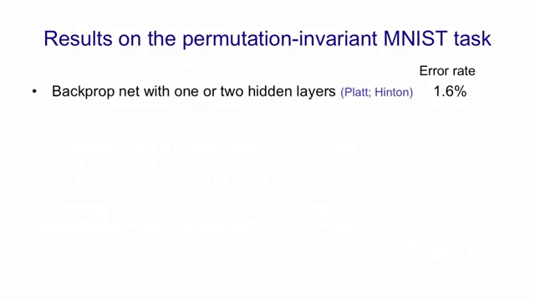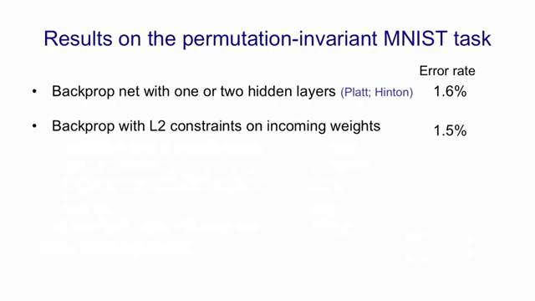So if you apply standard backpropagation, it's hard to do better than 1.6% errors. John Platt and myself have both tried quite hard applying standard backpropagation with various different architectures, and we're both quite good at doing it. You can actually beat 1.6% by using constraints on the incoming weight vectors of the hidden units.